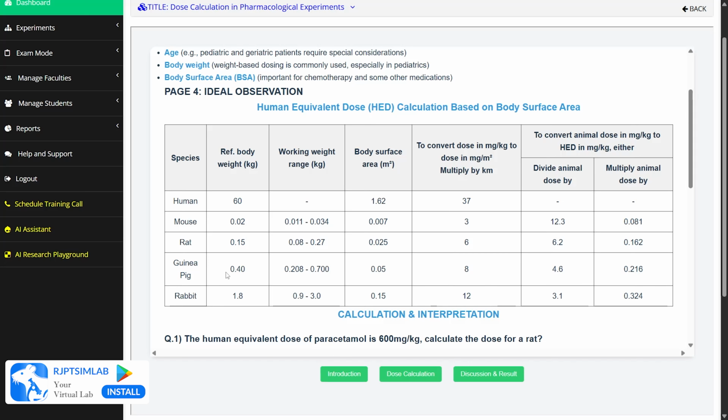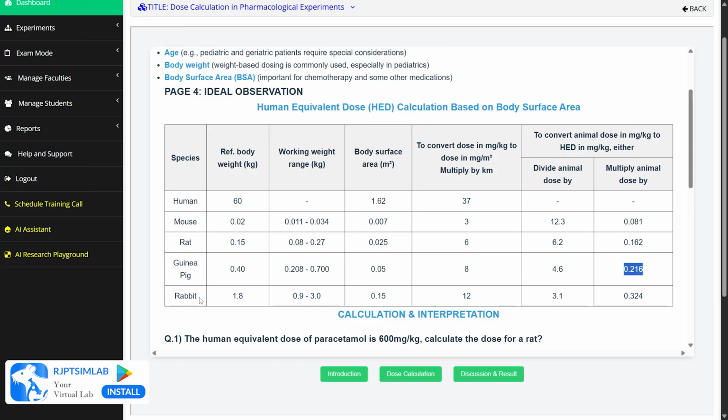For the guinea pig, the average body weight is 0.40 kilogram and it ranges from 0.208 to 0.700, and the average body surface area is 0.05. Converting into milligram per meter square, we get the value 8. For converting to human equivalent dose, we divide it by 4.6 or multiply it by 0.216.